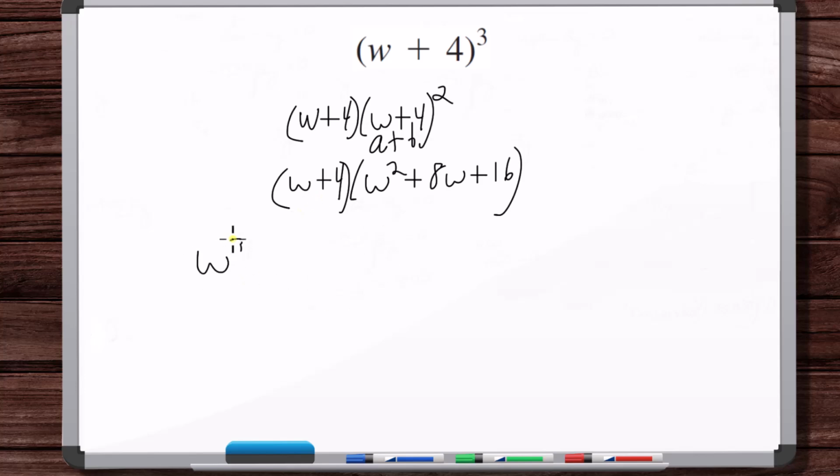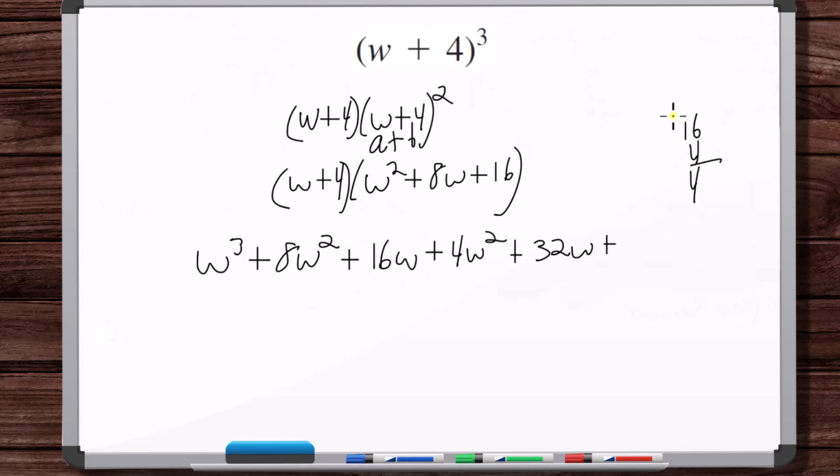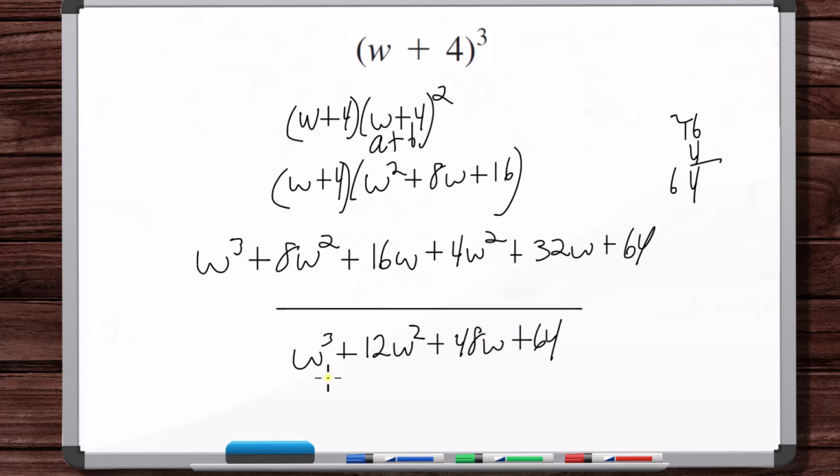So w times w squared is w cubed plus 8w squared plus 16w plus 4w squared plus 32w plus, and let's see, 16 times 4, 64. Okay, so w cubed, now 8 plus 4 is 12, 16 plus 32 is 48. Okay.